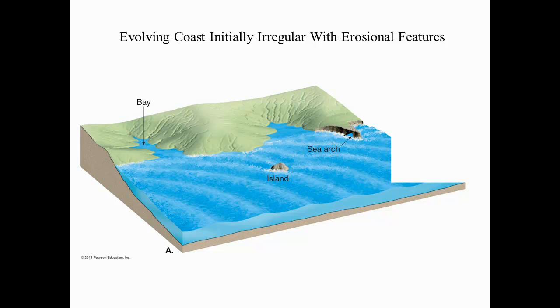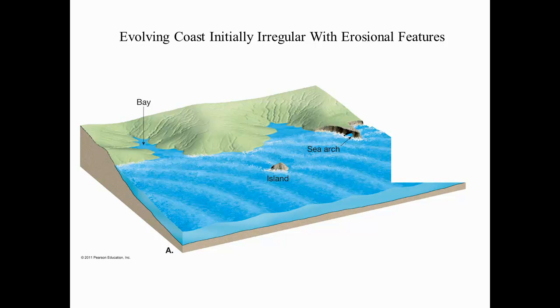Now, coastlines can gradually evolve over time. For example, here we're starting out with an evolving coast that's initially irregular with erosional features. And again, those erosional features include sea arches, sea stacks, wave-cut cliffs, and things of that nature.